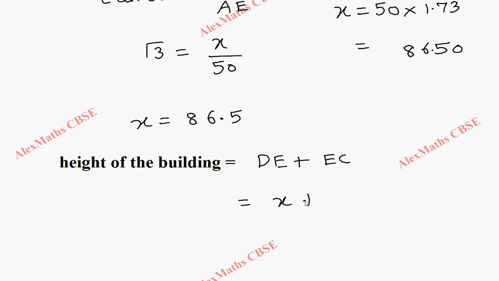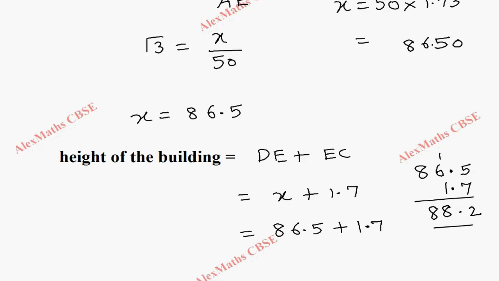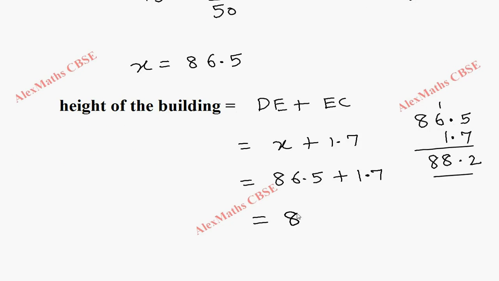So x plus 1.7, where x is 86.5, and we add 1.7. Adding this gives 88.2 and the unit is meter. So the total height of the building is 88.2 meter.